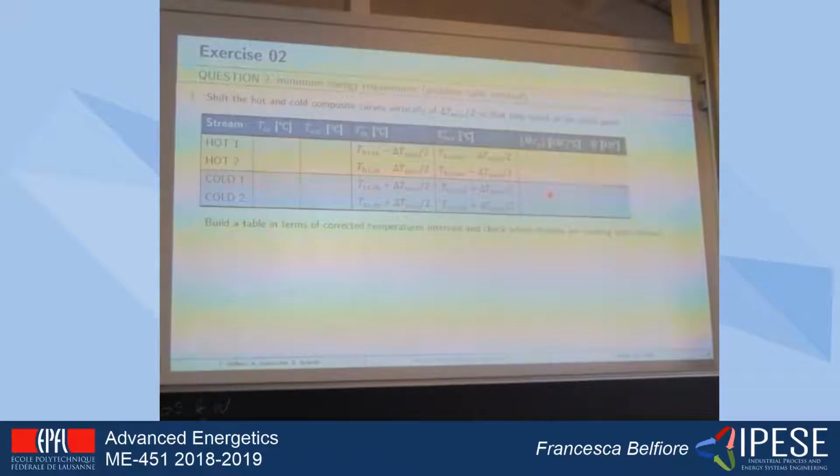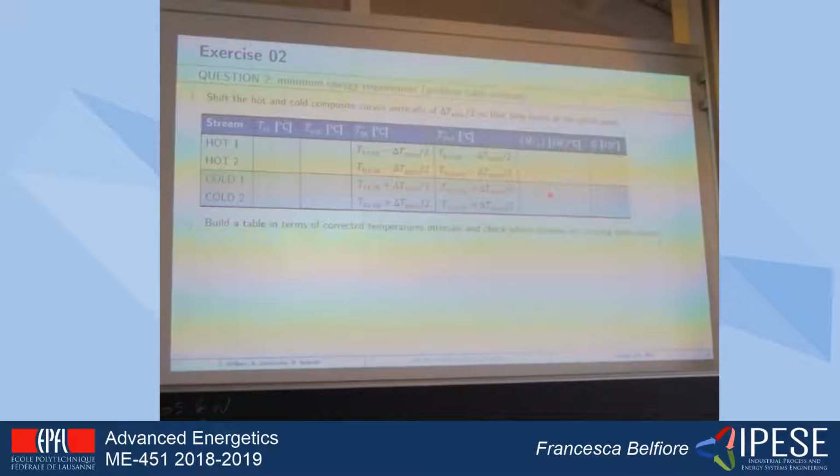So once you have defined the minimum temperature interval, you have to correct all the temperatures of all your streams. For the hot streams, you will shift them vertically by an amount that is given by half of your delta T min. But for the cold streams, you will shift them by raising all temperatures by the same amount.